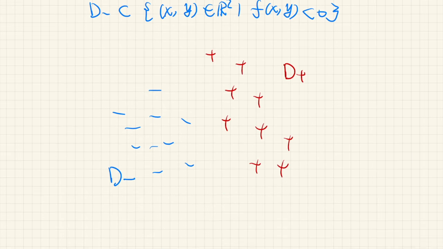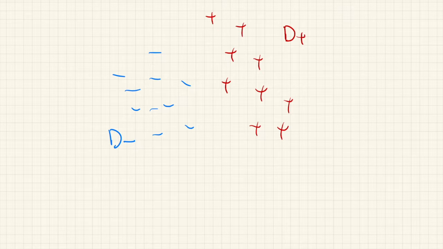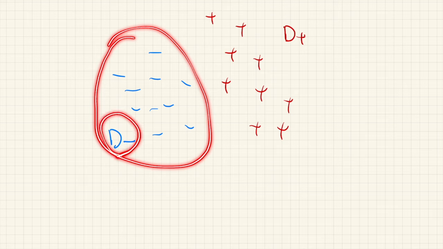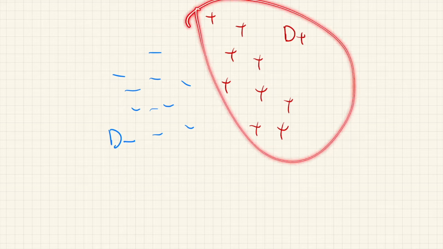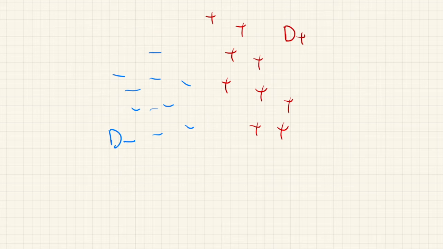Now, let's consider an example. Suppose we have this set of points, and these are the points in the subset D minus, and these are the points in the subset D plus. In this case, we can just draw a straight line to separate these two subsets. This line will be the classifier.